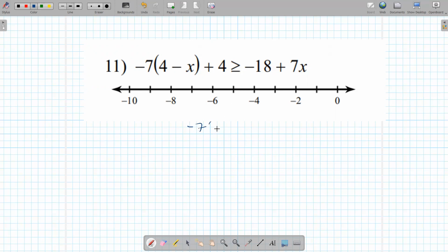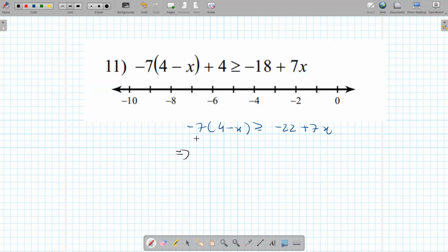Okay, so -7 times (4 minus x) is greater than or equal to -22 plus 7x. What's next? Could you divide by -7? No, you wouldn't, because 7 doesn't go into 22. That's primarily why. You could, though, and it won't be wrong, but there's a better way.